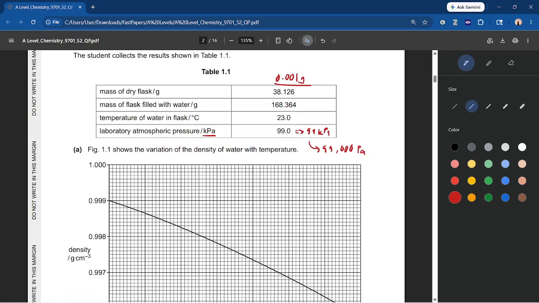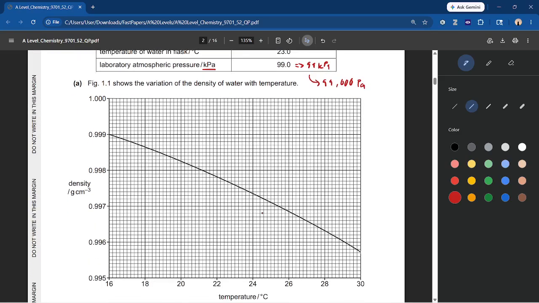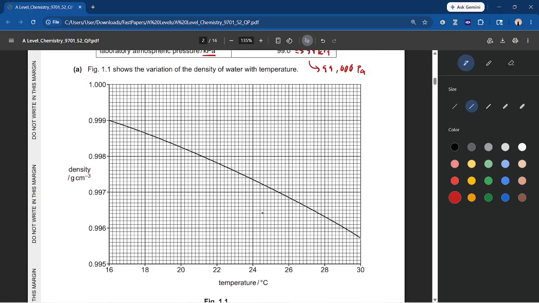Figure 1.1 shows the variation of the density of the water with temperature. So with most things, we're noticing that as the temperature increases, the density decreases. Density is basically mass by volume.